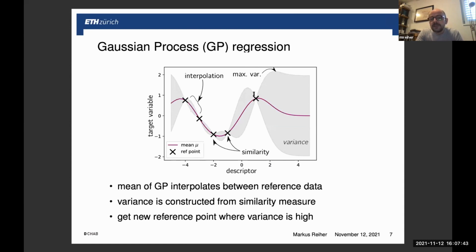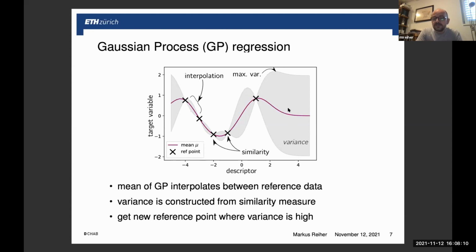And so between the data points, which are points for which you have high accuracy reference data, you can interpolate with the Gaussian process. And then there will be a region where you don't have data points. And of course, the variance will be big, right? The uncertainty will be large, but this is an indication where to get more reference data. And in fact, this is what we are doing. We calculate reference data on the fly where we need it.